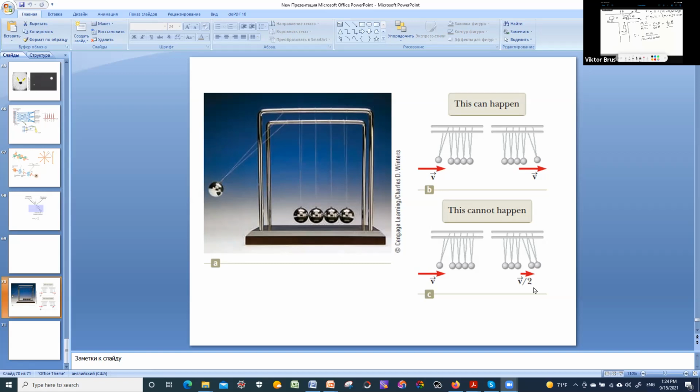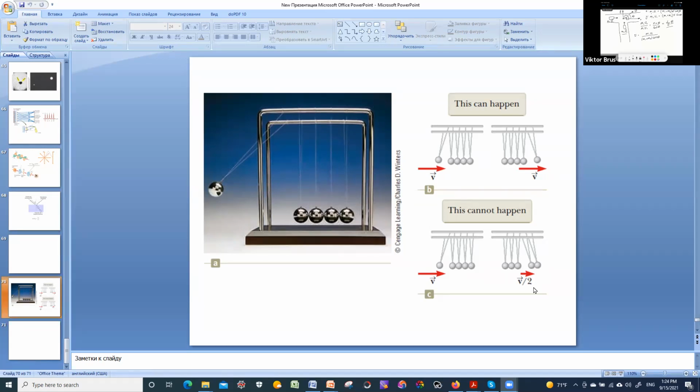So this is an example of elastic collision. And in this case, besides conservation of linear momentum, we also need to take into account conservation of kinetic energy.